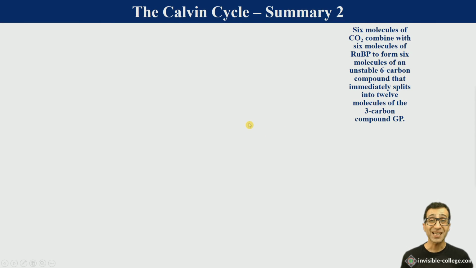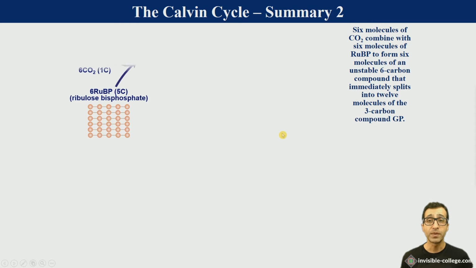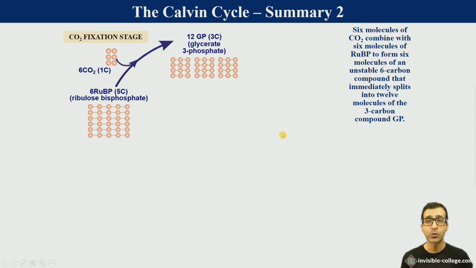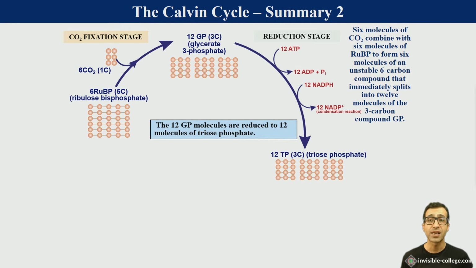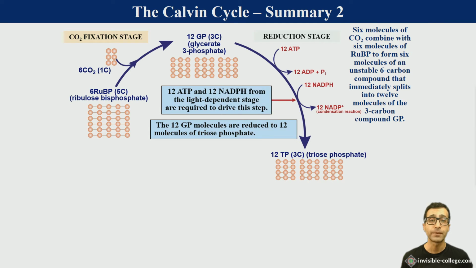So overall, 6 molecules of CO2 will combine with 6 molecules of RuBP to form 6 molecules of an unstable 6-carbon compound that ultimately splits into 12 molecules of the 3-carbon compound GP.